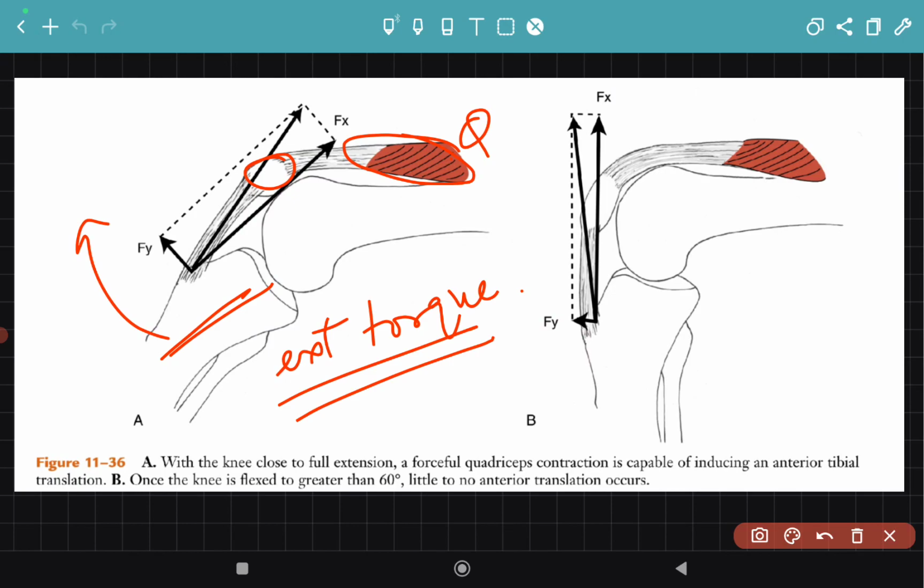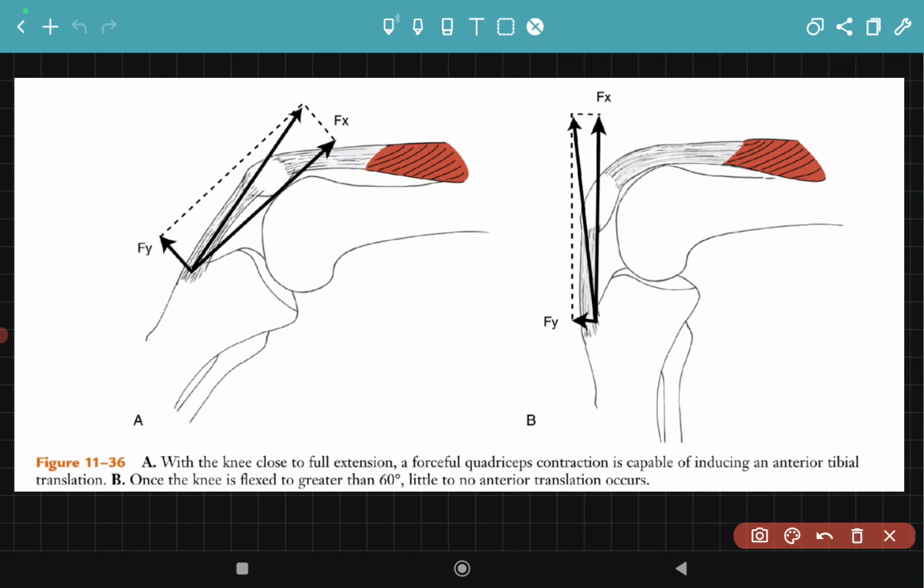Now, as the knee joint is approaching its end range of extension, and it is at the end range of extension, if there is forceful quadriceps contraction at this point, it may cause excessive tibial translation anteriorly, which may be harmful.